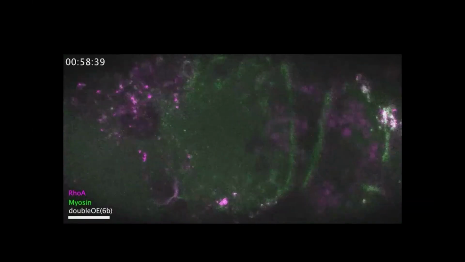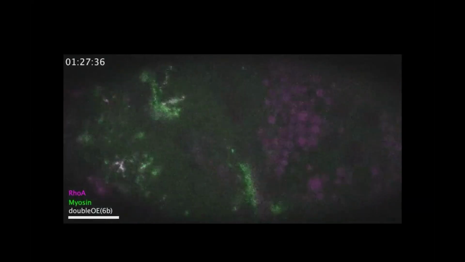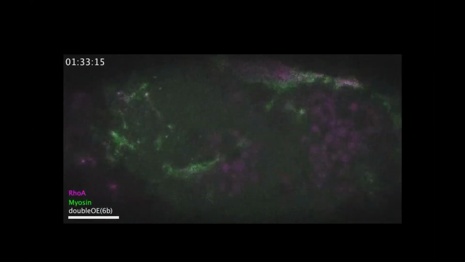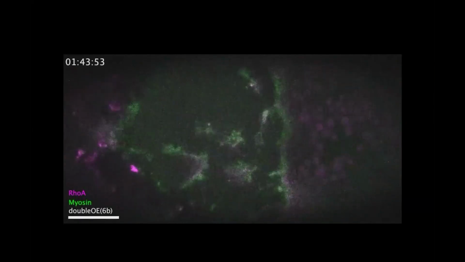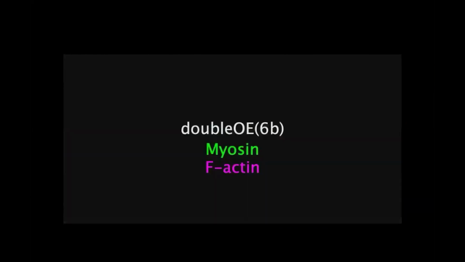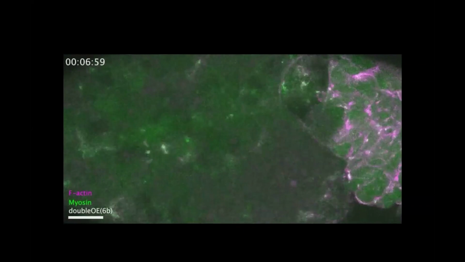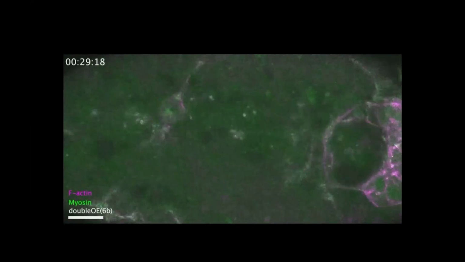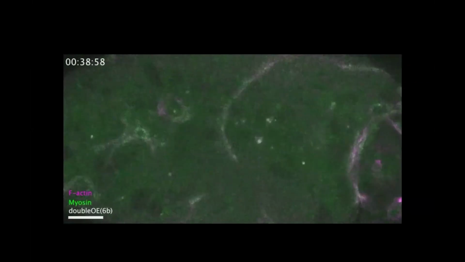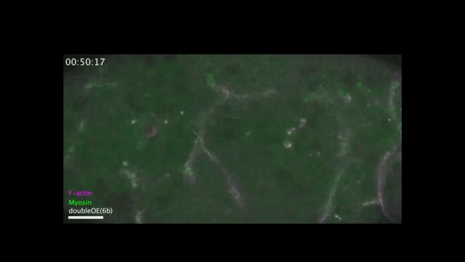So there's nothing there that would suggest that it's going to bind to F-actin. But in the ventral furrow, in the mesoderm cells, it seems to be fairly cytoplasmic. And if it localizes anywhere, it localizes to the lateral edges of the cells. So how C GAP is getting anywhere is still a mystery.